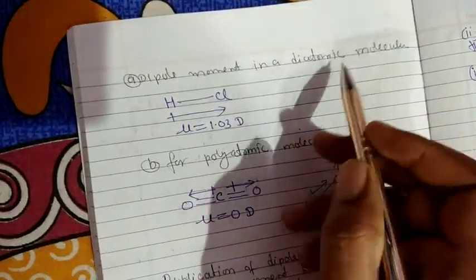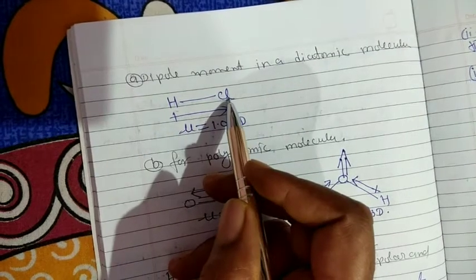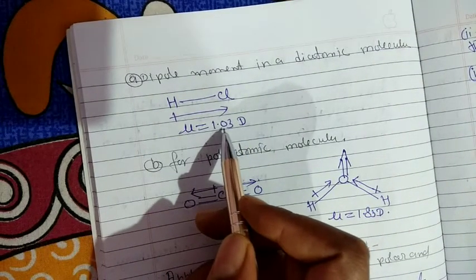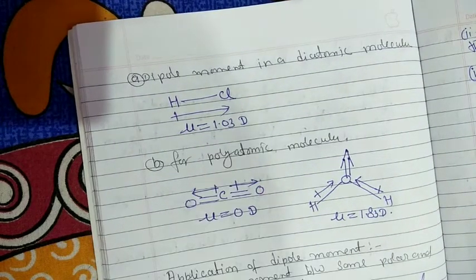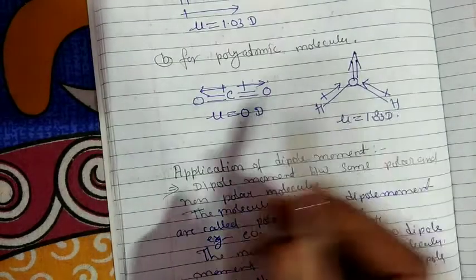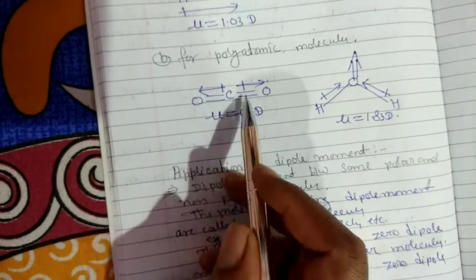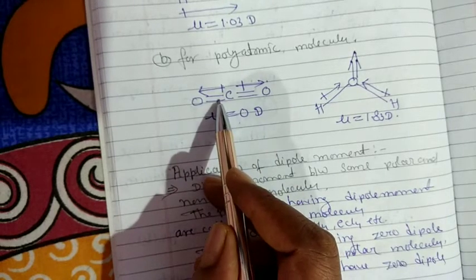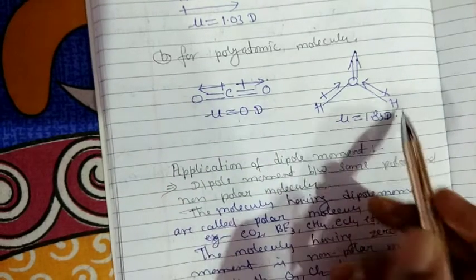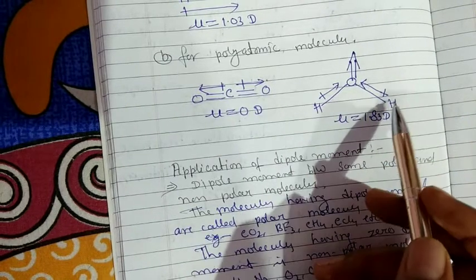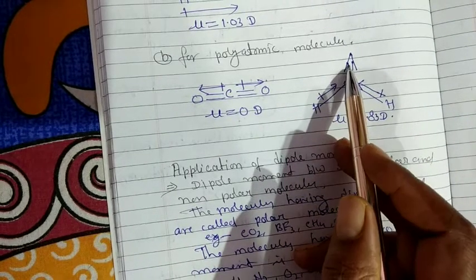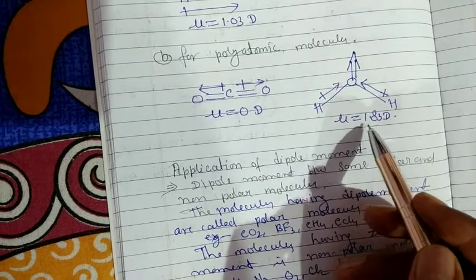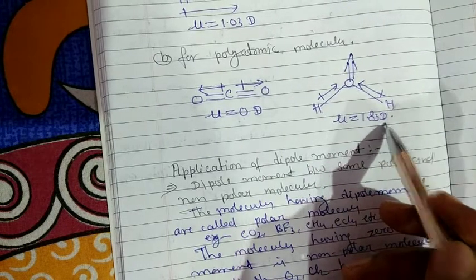For diatomic molecules like HCl, the dipole moment is 1.03 debye. For polyatomic molecules like CO2, the dipole moment is 0 because the force of attraction is 0 on both sides. Okay, and for water molecules, the resultant of the dipole moments gives a dipole moment of 1.83 debye.